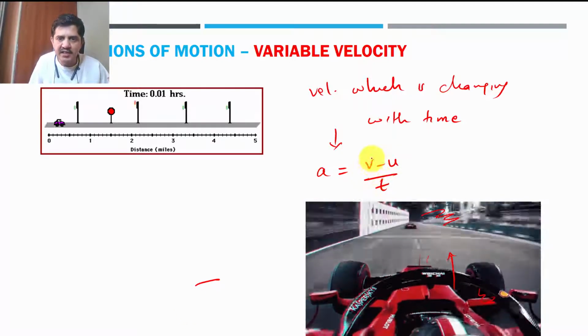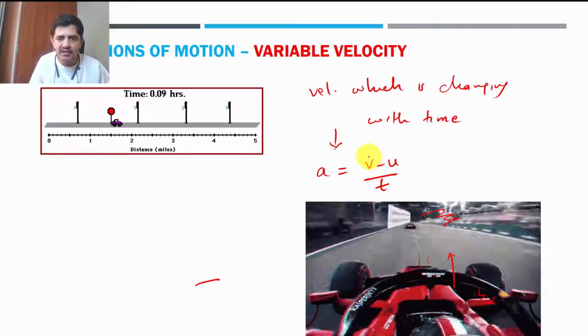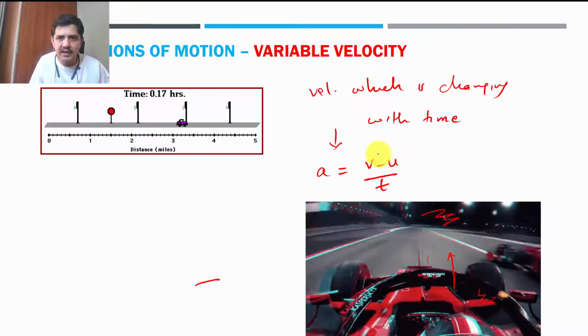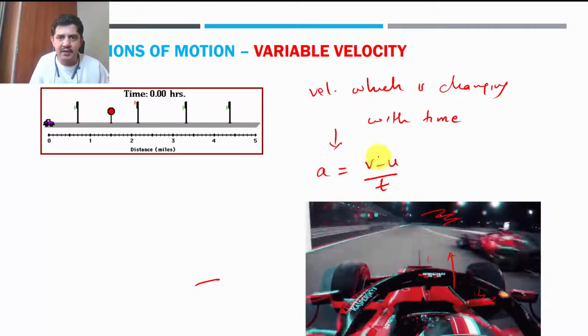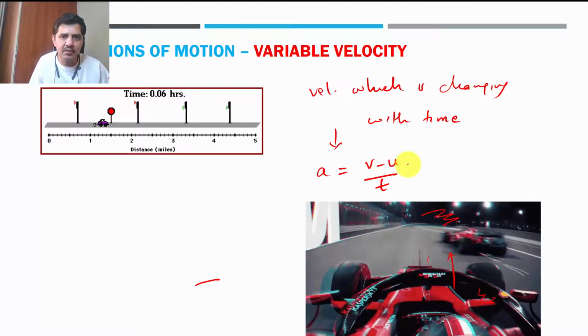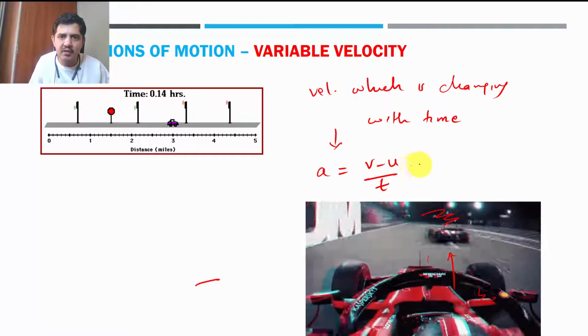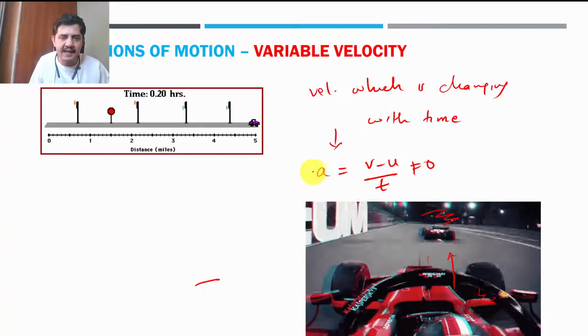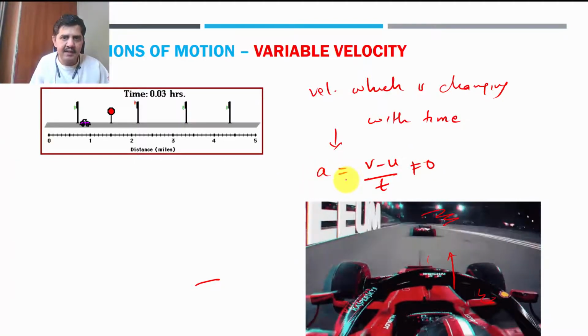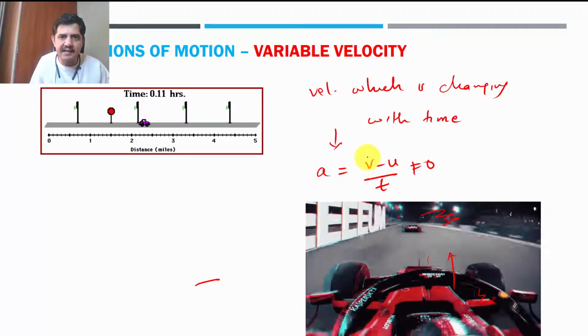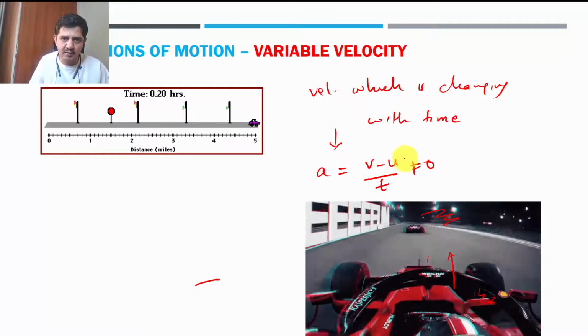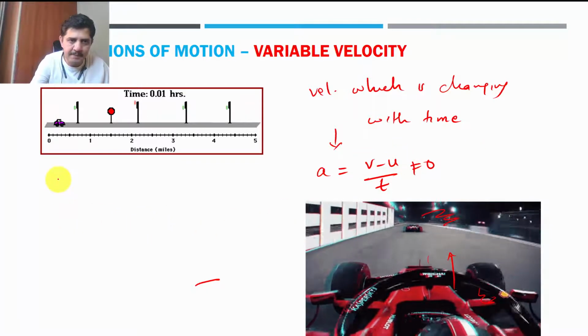When the velocity changes, then definitely v minus u will not be 0, because v and u are not identical, they will be different. And as a result, v minus u is definitely not equal to 0, and thus this will be accelerated or decelerated depending upon whether v is larger than u or v is less than u. Let me write it down here.